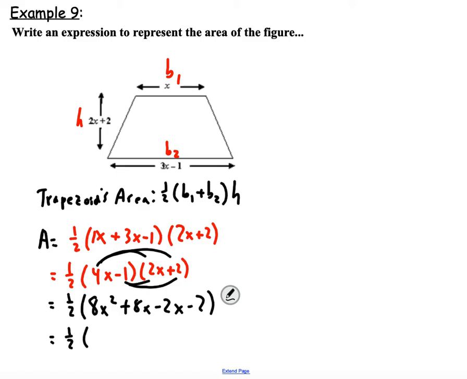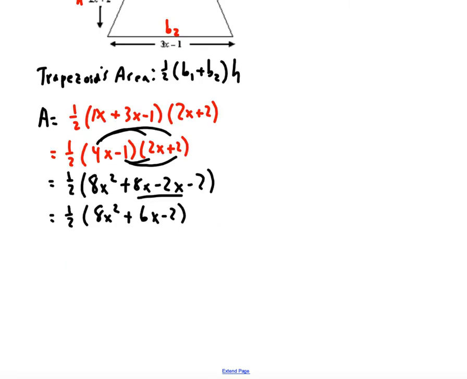Combine my like terms. 8x minus 2x is 6x. And then my last thing here is distribute the 1/2 through. So 1/2 times 8 there is 4x squared. 1/2 times 6 there is 3x. And 1/2 times a minus 2 is a minus 1.